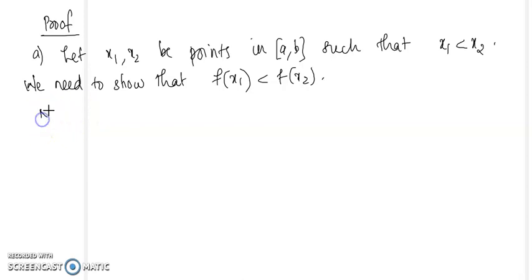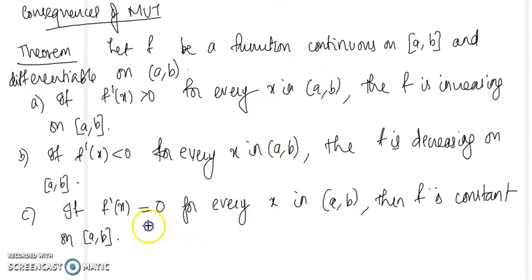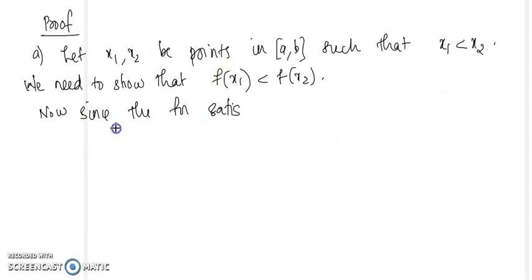Now, the function satisfies the hypothesis of the mean value theorem: it is continuous in the closed interval AB and differentiable in the open interval AB. Therefore the mean value theorem holds in this case.